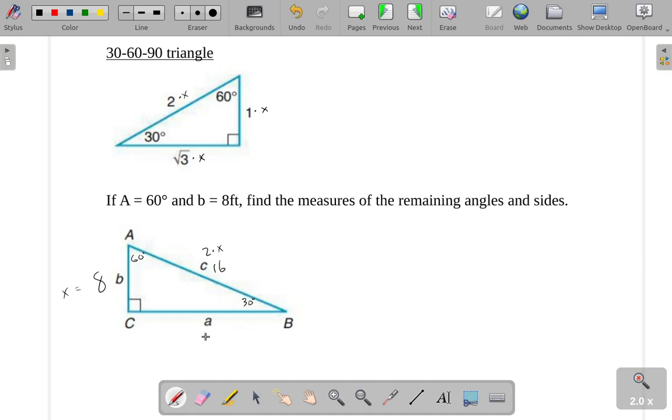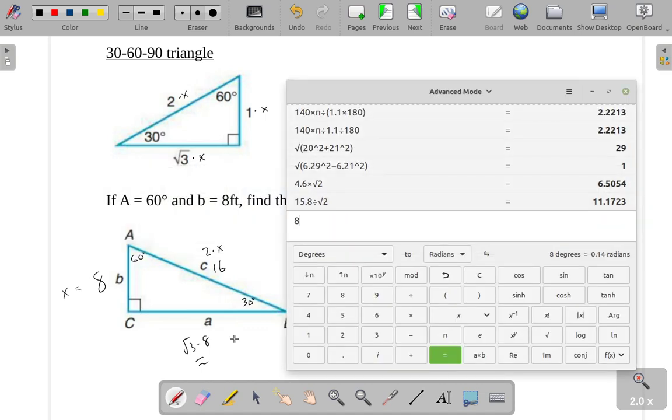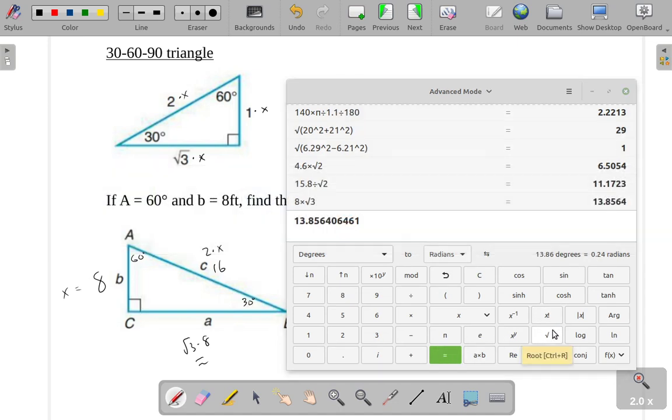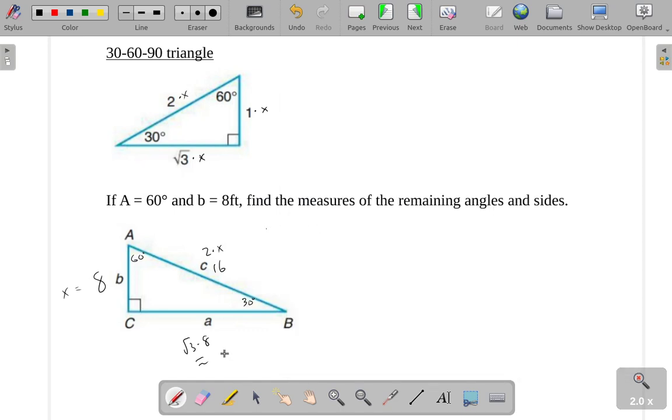And this one down here would have to be 8 times the square root of 3, which is approximately 13.86. Feet, and feet.